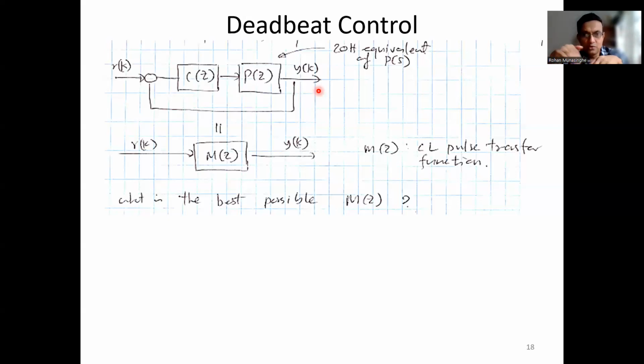And of course, there are some transients, even though we don't want to see them, between the steps. By the time you wake up and see, transients have all died out, and you see the level there, which is equal to RK. So what should be MZ?